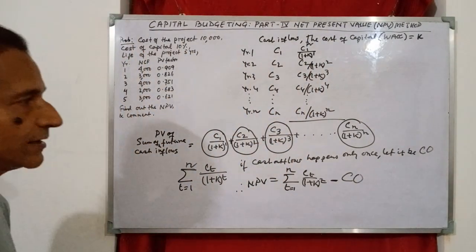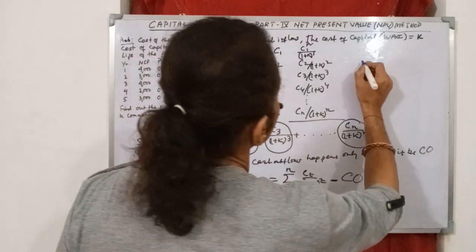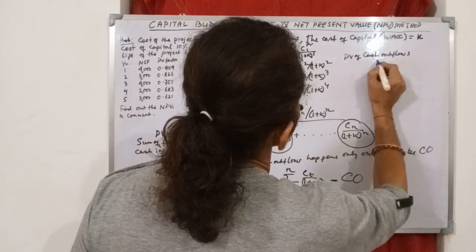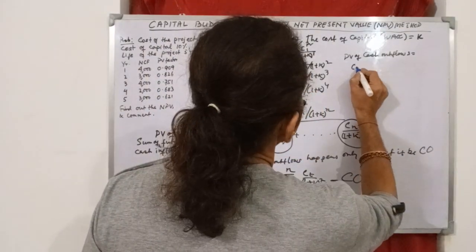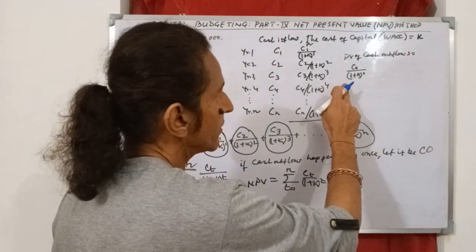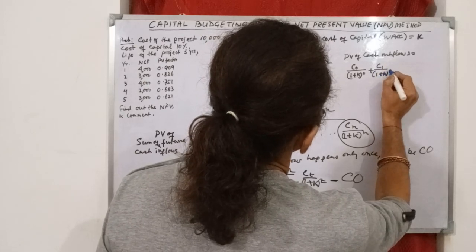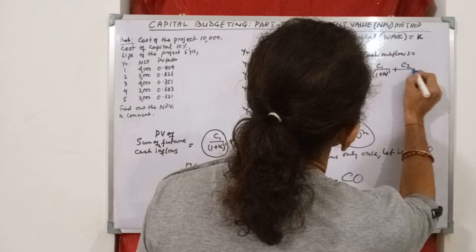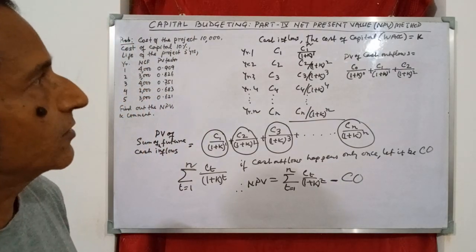And if the cash outflows happen many times, then the present value of the cash outflows will be, in year 0, that is at the beginning of the year, C0 divided by 1 plus k to the power 0, something to the power 0 is 1, so C0 divided by 1 is C0, plus C1 divided by 1 plus k to the power 1, that is cash outflow at the end of first year, plus C2 divided by 1 plus k to the power 2, that is the present value of the cash outflow after the end of second year.